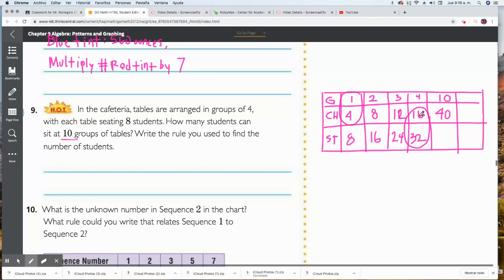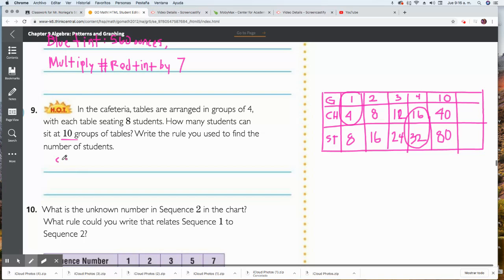Okay, so what do I do to 16 to equal 32? I multiply by what number? By 2, right? So what's 40 times 2? 40 times 2 equals 80, correct? And that's it. So we write right here how many students can sit at 10 groups of tables. Students can sit at 10 groups of tables.